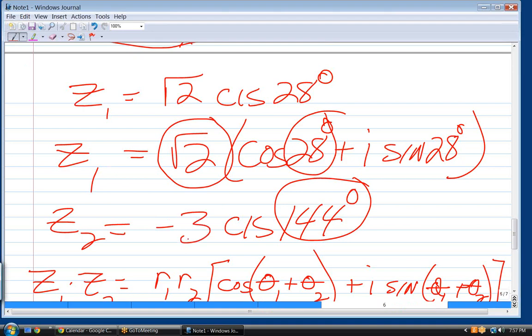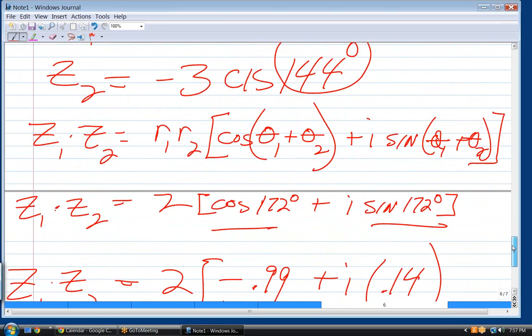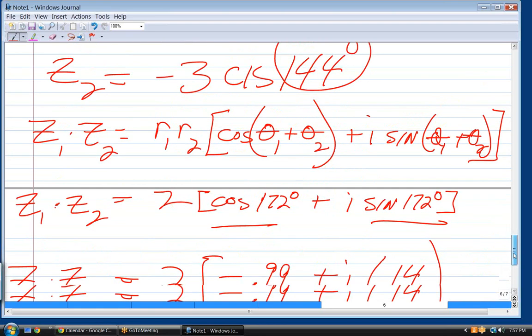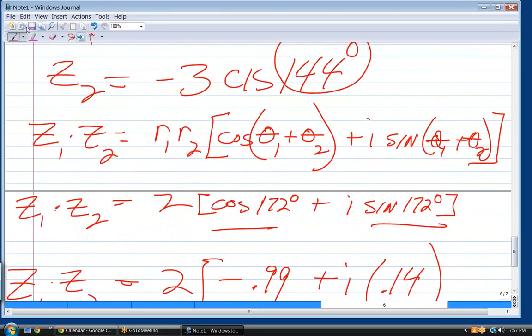Negative 3 CIS. Okay, well that makes a huge difference. Okay, so now R1 times R2 is what? So that's going to be negative 3 root 2. So instead of a 2 here, I should have a negative 3 root 2.